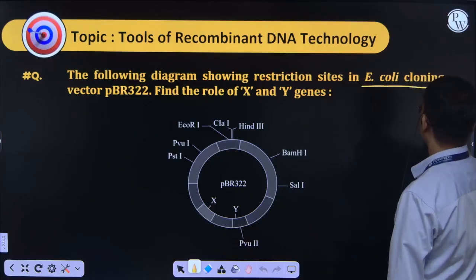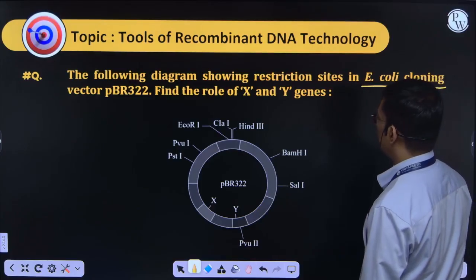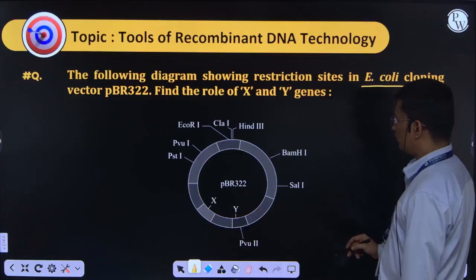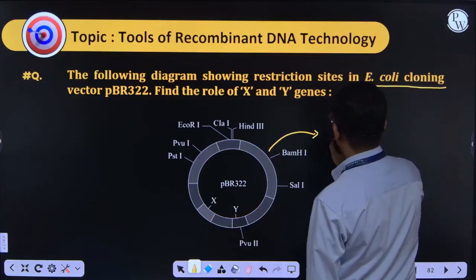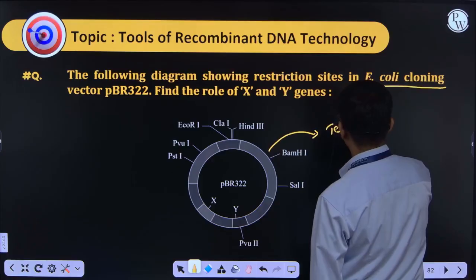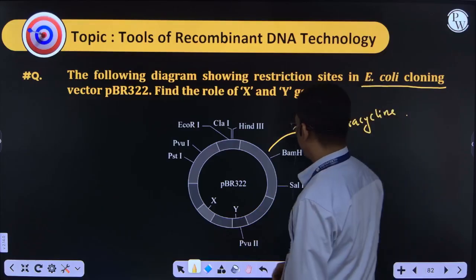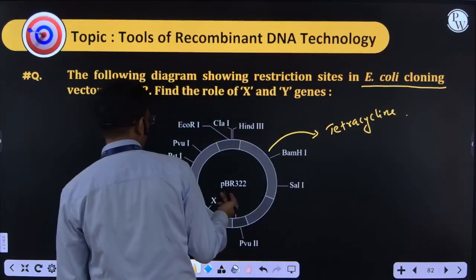Which of the following restriction sites are in E. coli plasmid pBR322, with X and Y genes? Here you can see BamHI, SalI. Which site is there? Tetracycline resistance.